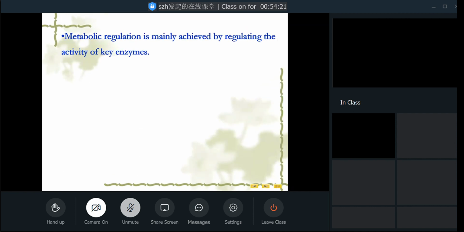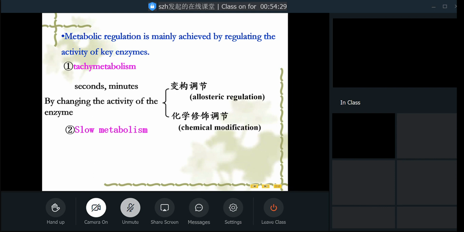Secondly, metabolic regulation is mainly achieved by regulating the activity of the key enzyme. There is fast regulation, chemical modification and allosteric modification, and slow regulation, which changes the concentration of the enzyme.